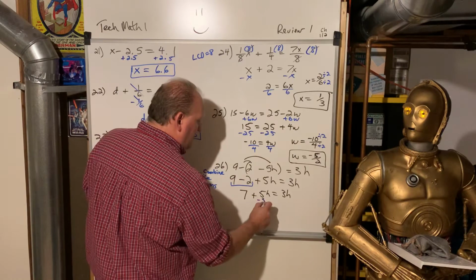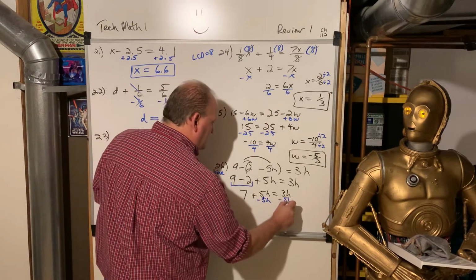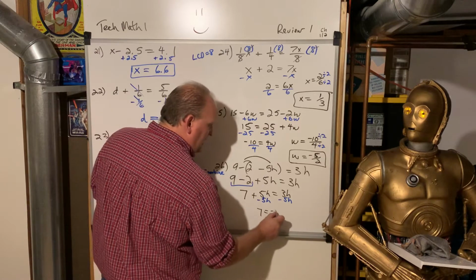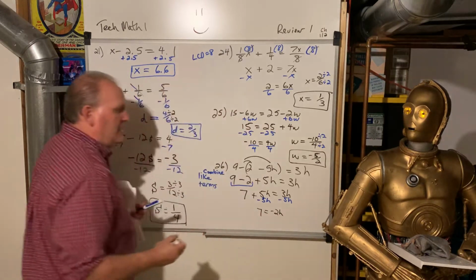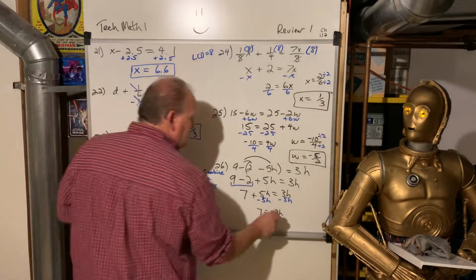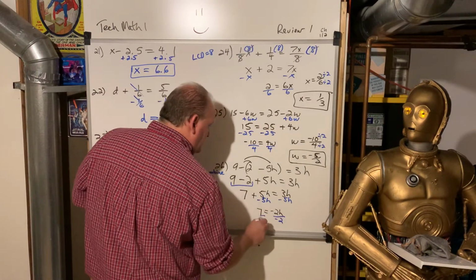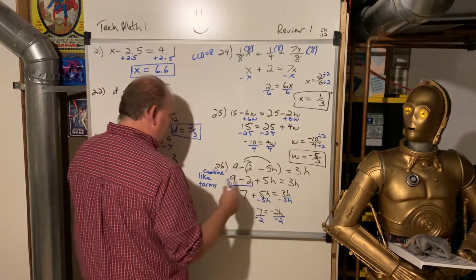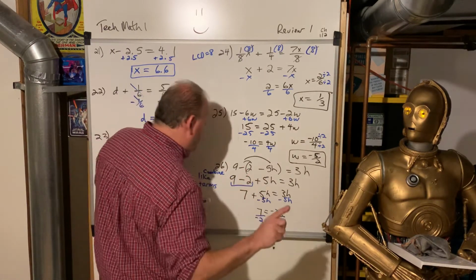So I'm going to subtract 5h, get that over to that side. So we got 7 is equal to -2h. And almost done. I want 1h equals, not -2, so I divide by -2. So at the end of the day, there's like 4 lines of work, but this is really only a 2-step equation.